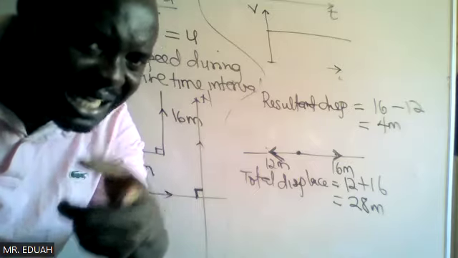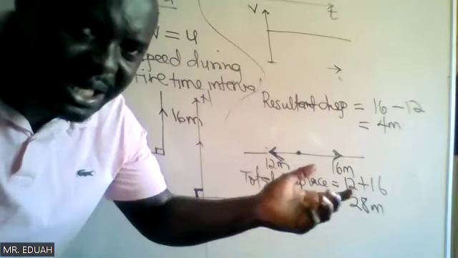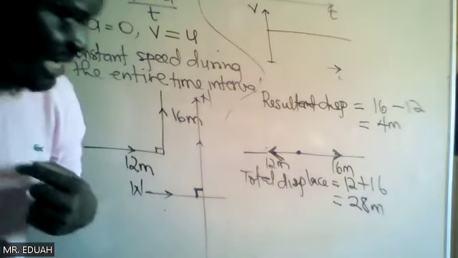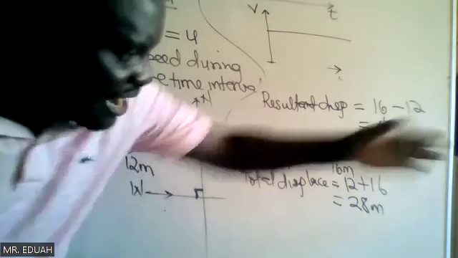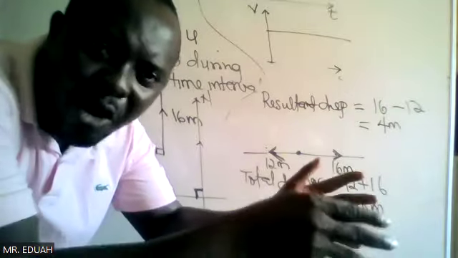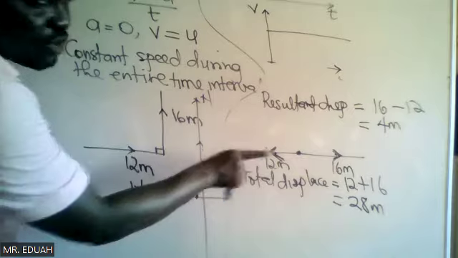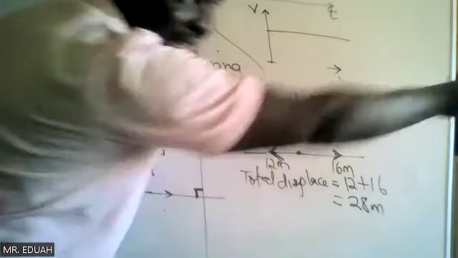So if force A is greater than force B, then force A would pull them in its direction. When they are along the same plane and one is greater than the other, the larger one always wins. So in this situation, the resultant would act in the direction of the 16-meter one.